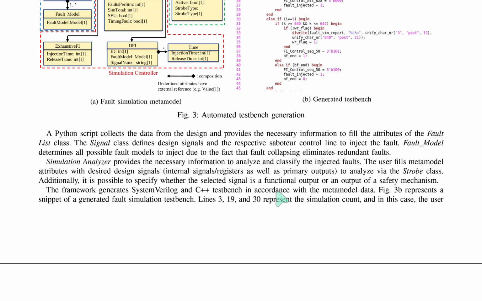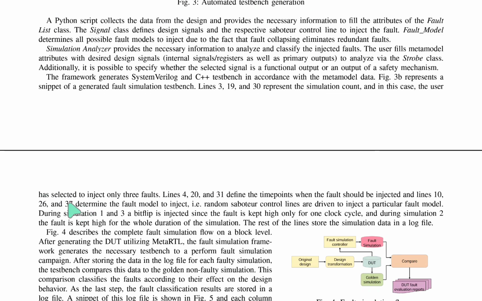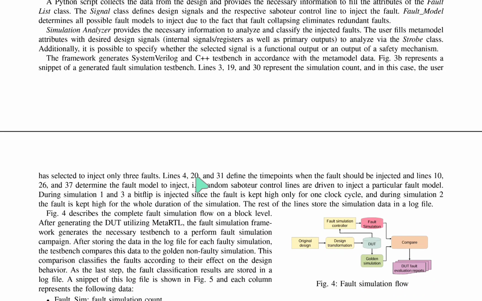Figure 3b represents a snippet of a generated fault simulation test bench. Lines 3, 19 and 30 represent the simulation count, and in this case, the user has selected to inject only 3 faults, lines 4 and 20.